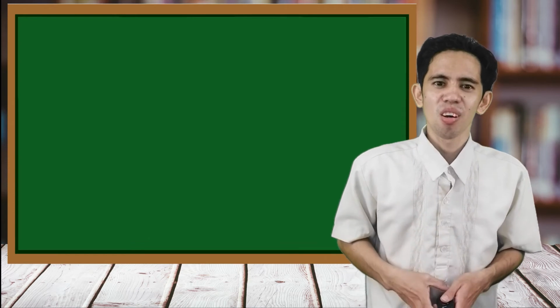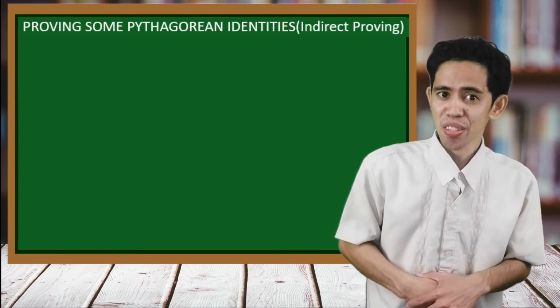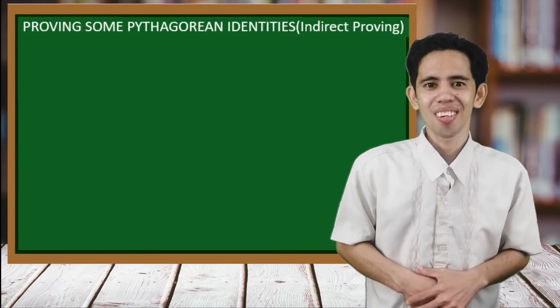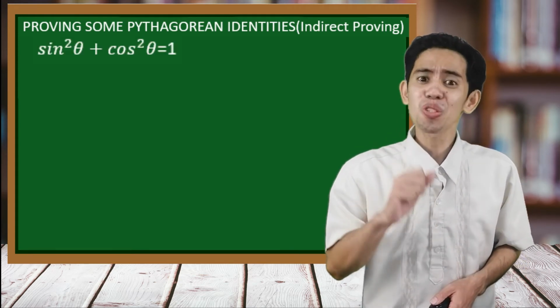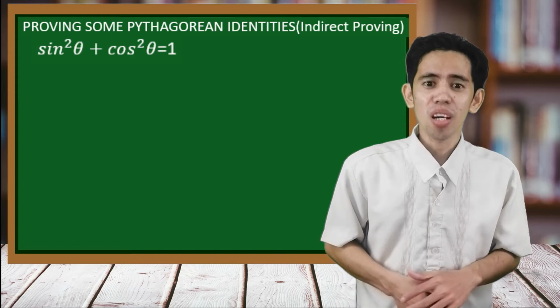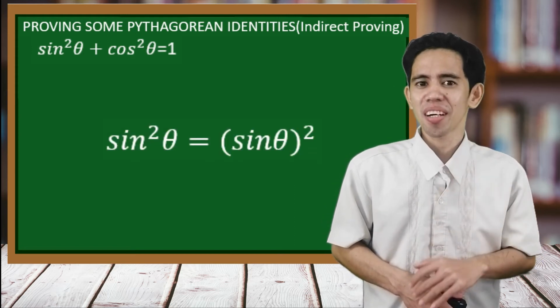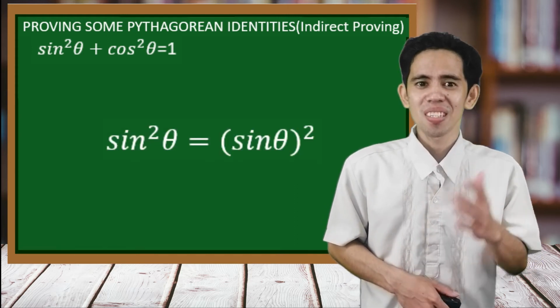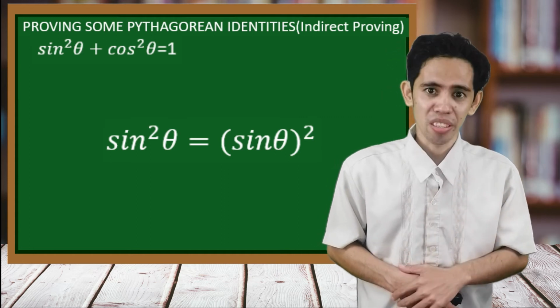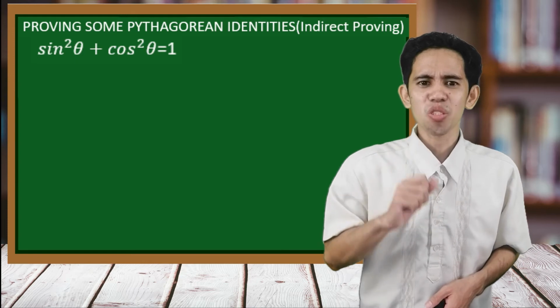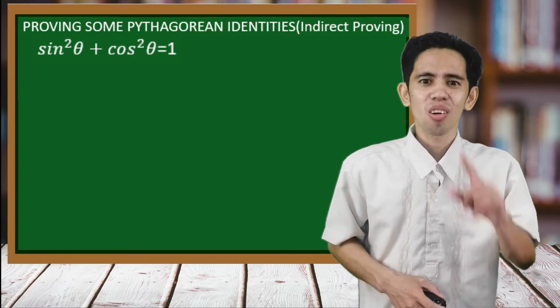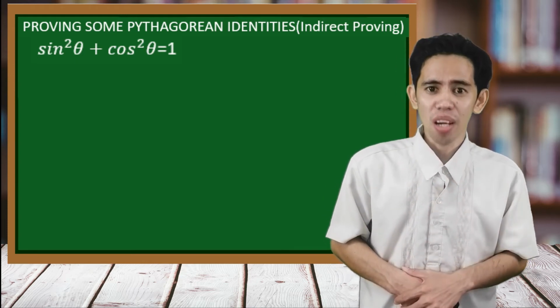How about the Pythagorean identities? Let's try. For sine squared theta plus cos squared theta is equal to 1, sine squared theta is the same as sine theta squared. So we can say sine theta squared plus cos theta squared is equal to 1.